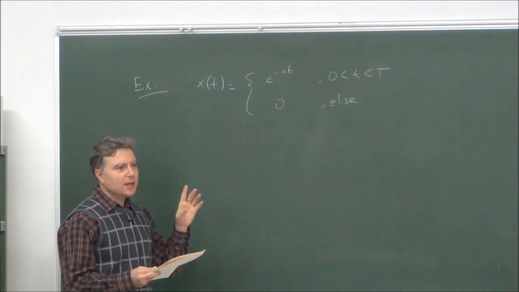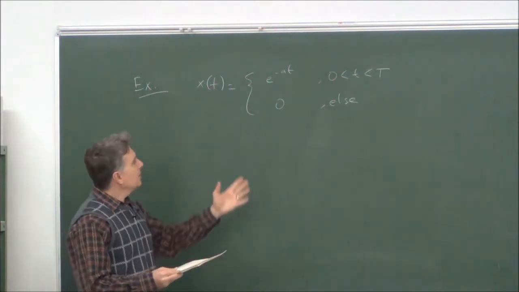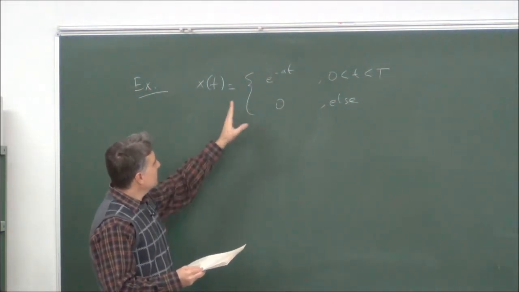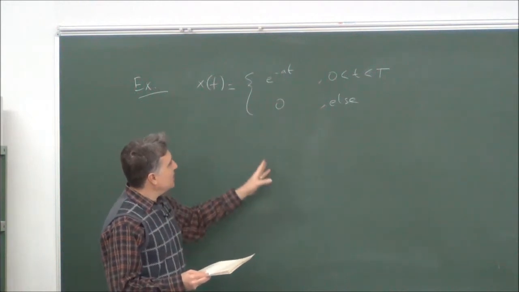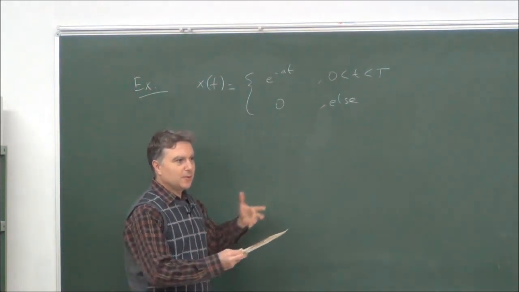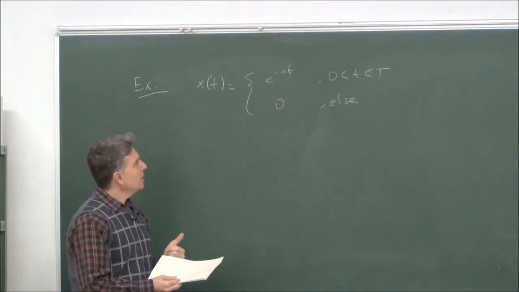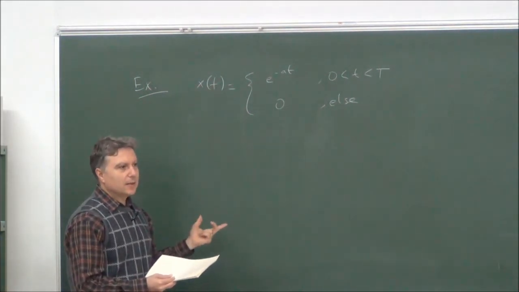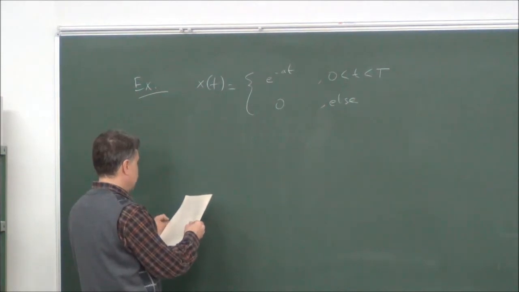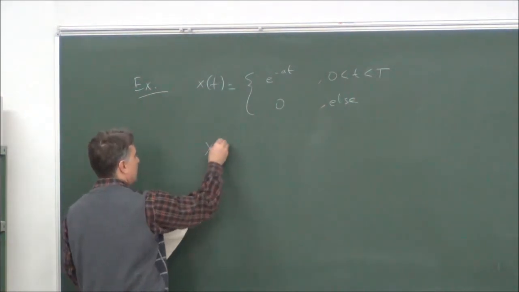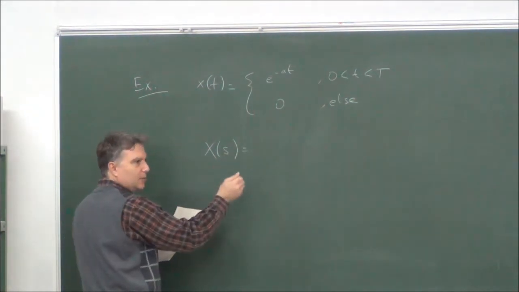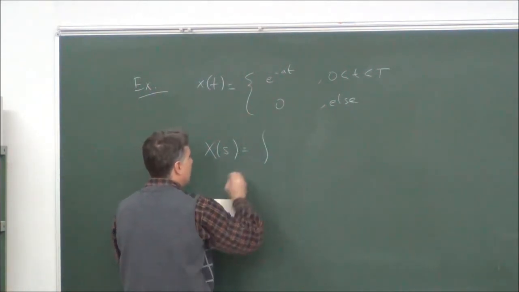You can solve it in several ways. You can do it like this times u(t) minus the same thing times u(t-T), for example, as an approach to solve this question. But let's try to solve it directly using the integral. X(s) is equal to this integral.